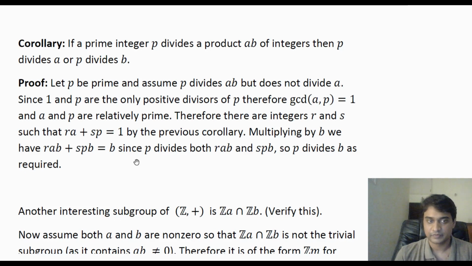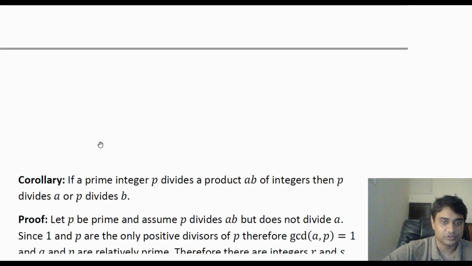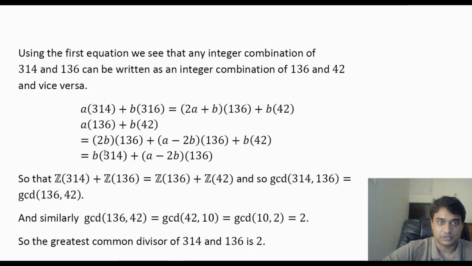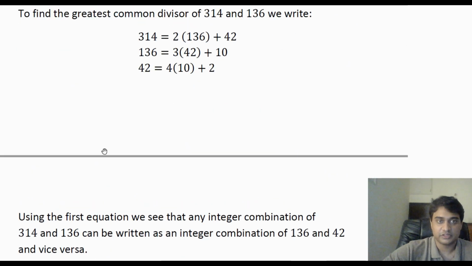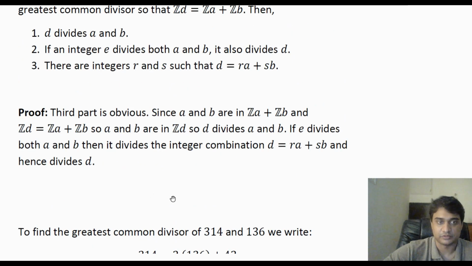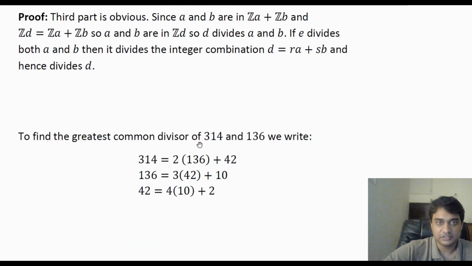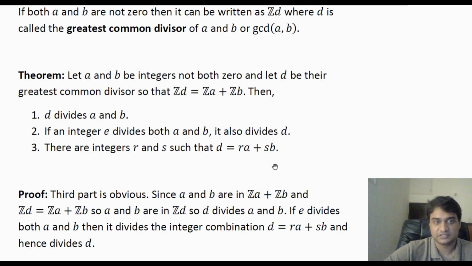So what was the need of doing so? Now we see the answer. These are the previous theorems that we have proved. All these theorems are not very obvious, and we can prove them simply using group theory. Especially the equation d equals ra plus sb, where d is the greatest common divisor, being written as an integer combination of a and b, is not obvious at all.